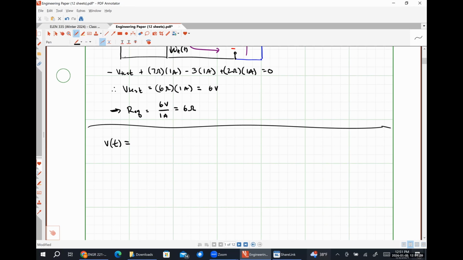Because we have an overdamped response, we have A1 e to the S1t plus A2 e to the S2t plus V at infinity. This is our equation for an overdamped response.